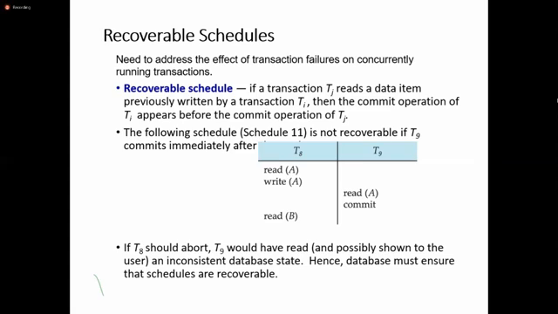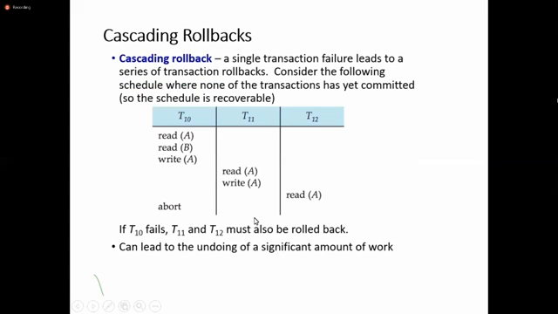Hence the database must ensure that schedules are recoverable. We want to recover because we read and wrote some changes there, but those changes also needed to happen in B. But because of the failure, it can't read B, and after that it can't do any operation in the abort. Then we want to roll back. That's a recoverable schedule.